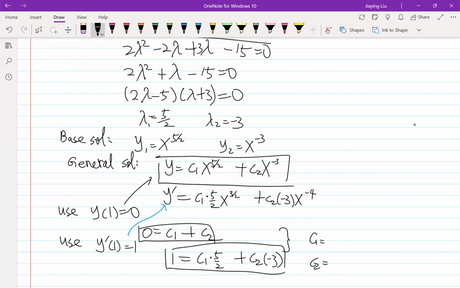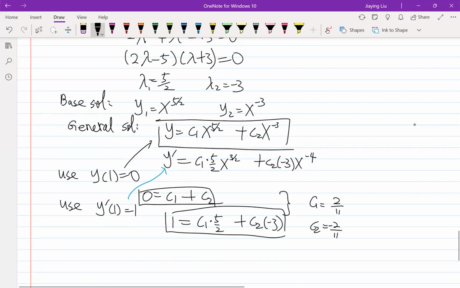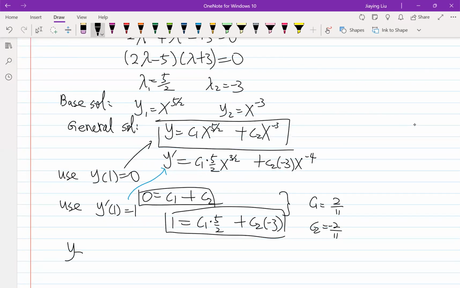I don't think I have the answer for C1, C2 here. Let's see. Okay, sorry, I'm just being lazy here. So that's 2/11. And then we just write down the solution: y equals 2/11 x to the 5/2 minus 2/11 x to the negative 3.